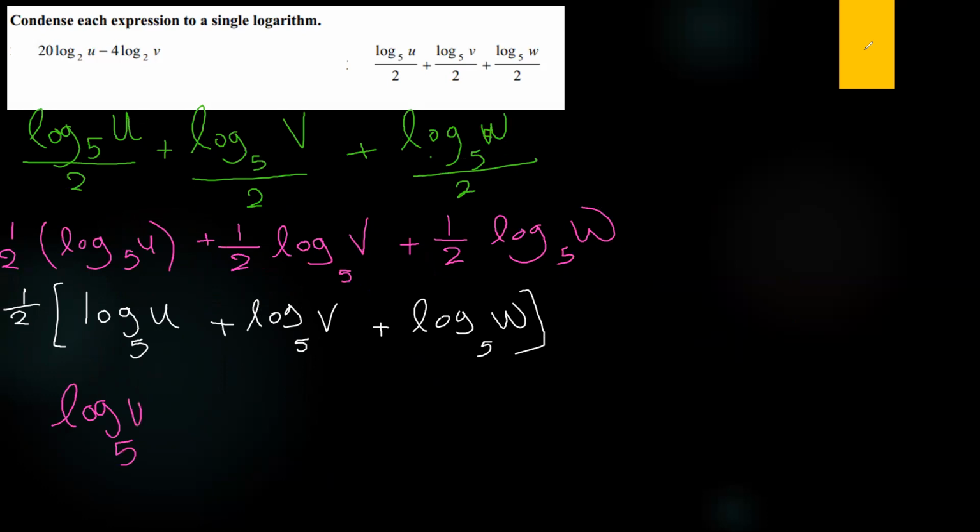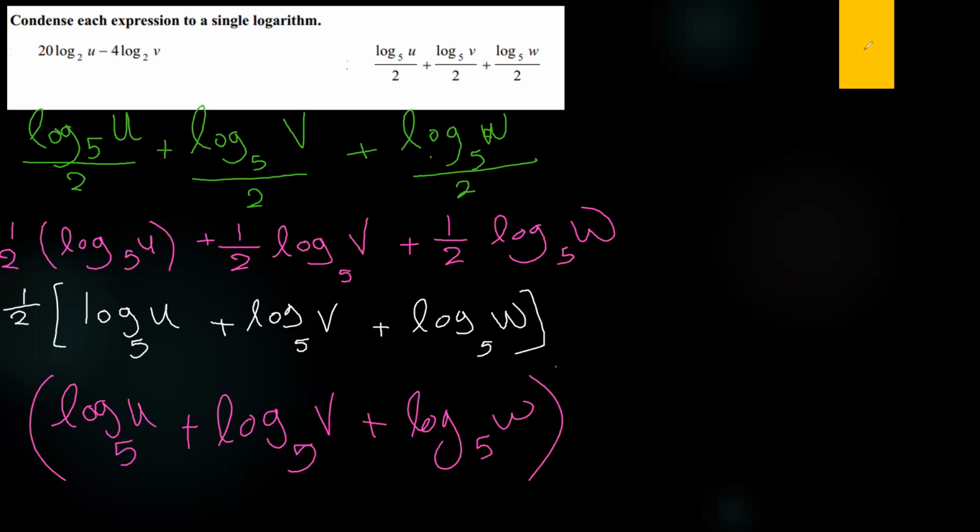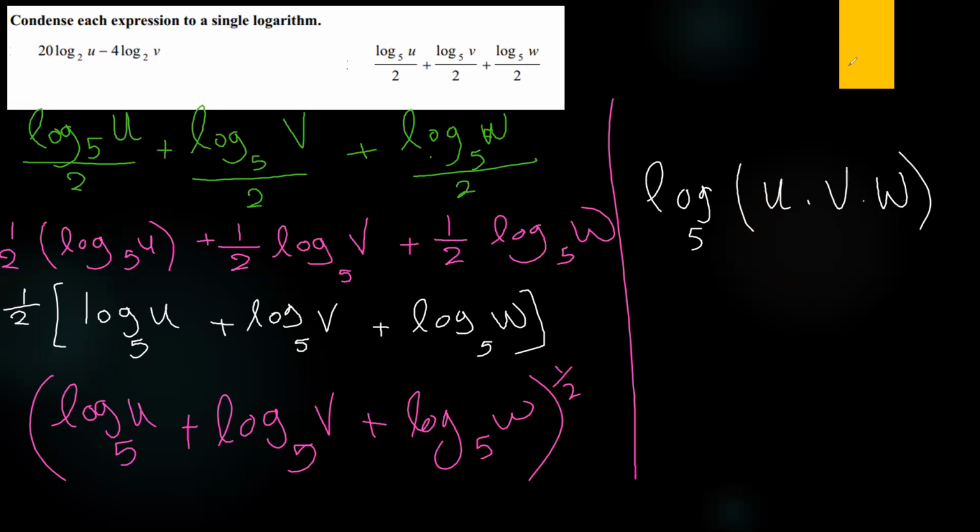As a power. As a power. Bravo. So to the power of half. Fine. Now, if the three logarithms here are added, how can I rewrite it? As a multiplication. Bravo. So it comes like logarithm to the base 5 of u times v times w raised to the power half.